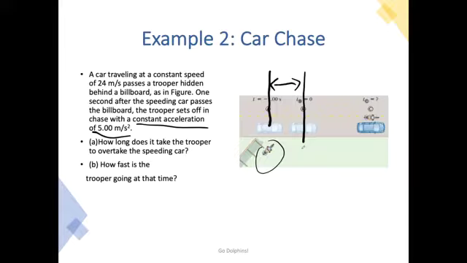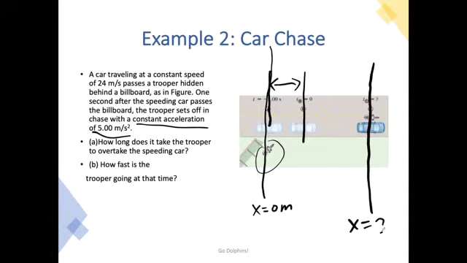So how does it work? If we analyze at t equals -1 second, both the police car and the speeder have their position set to be 0. And then the speeder is traveling in front of the police car. The police car is accelerating. At some point, the police car catches the speeder, and they are at the same position.